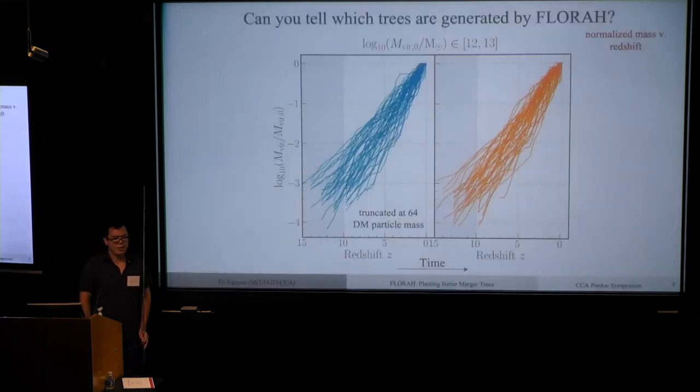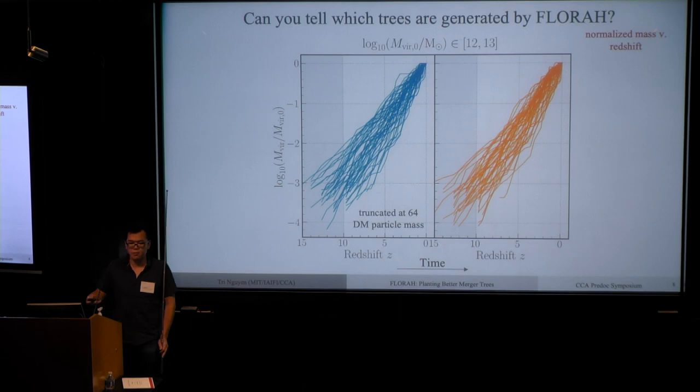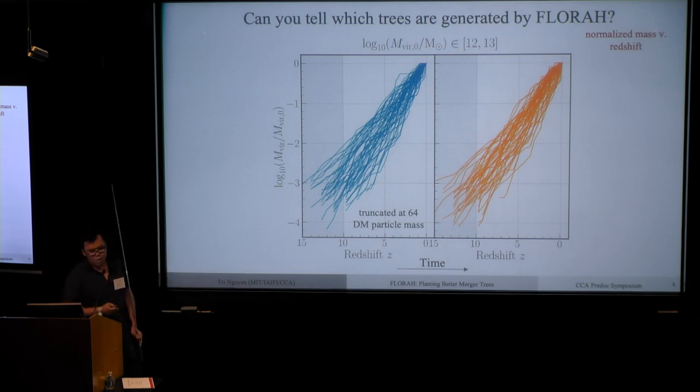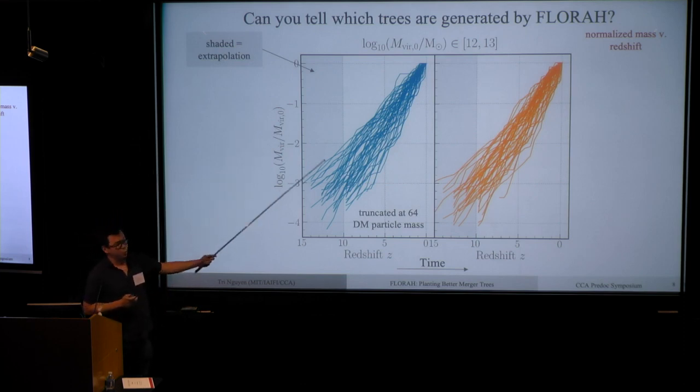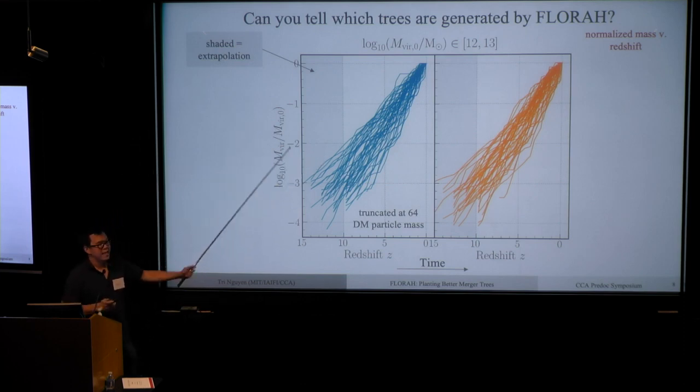All right, so let's play a quick game. Can you tell which trees are generated by FLORA and which trees are from N-body simulations? While you're looking at it, I will use the time to explain the plot. First, the shaded region is the extrapolation region, which means that I never trained the network on anything outside of z equal 10, like z greater than 10.